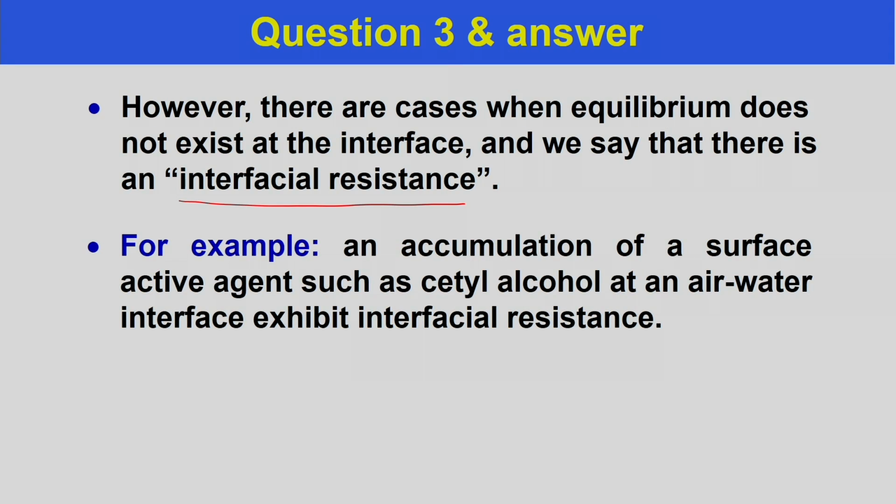For example, an accumulation of a surface active agent such as acetyl alcohol at an air-water interface exhibits interfacial resistance. This is one example where resistance exists at the gas-liquid interface.